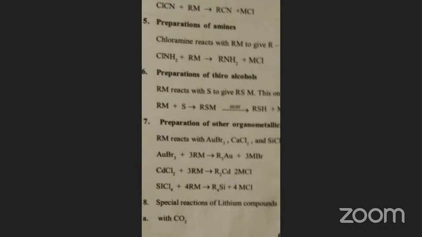Then next take another type of reaction, that is carbon monoxide. Carbon monoxide, or carbon dioxide, is reacted with alkyl lithium. Then it produces a structure, which undergoes hydrolysis. Finally, it is converted to a ketone-like structure, because in the complex, before formation of the ketone, a structure is there in which two hydroxy groups are present. When two hydroxy groups are attached to a single carbon, it is unstable.